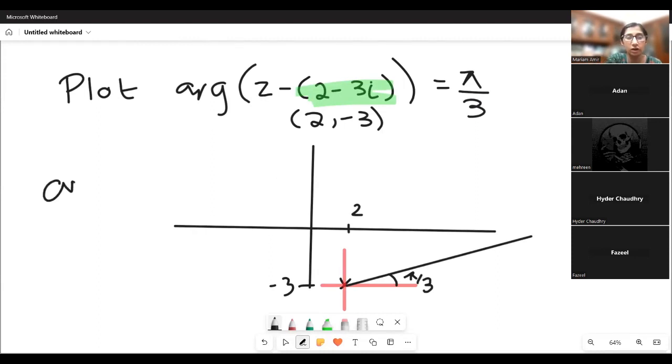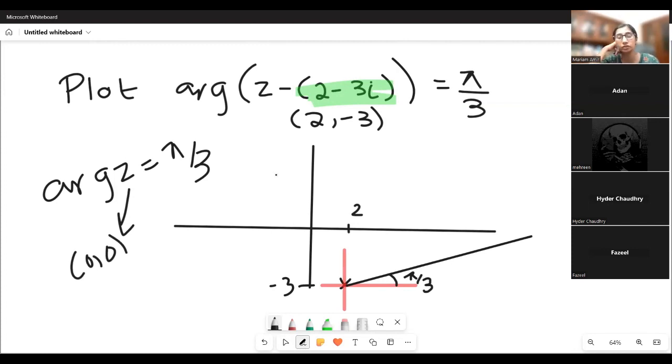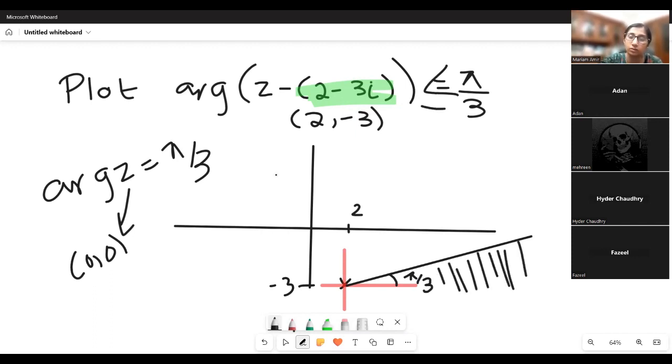Because if it's just argument of z equals pi by 3, then you start at the origin. But if it's something else, then you plot the starting point of the angle at that particular point. Similarly, it could have been less than or equal to pi by 3, then you would have shaded this.